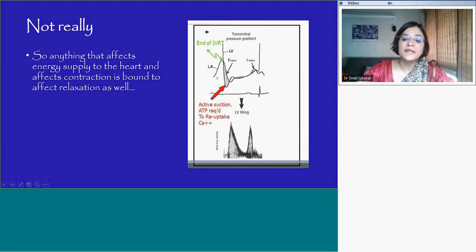So it impacts the energy provided to the heart, whether it is ischemia or other things, and that is going to impact relaxation. It's actually an energy requiring process, and when there is systolic dysfunction of the ventricle, there's going to be diastolic dysfunction of some degree or the other.